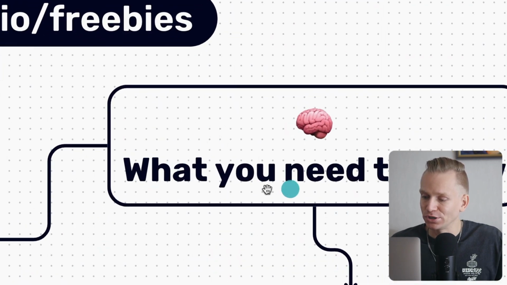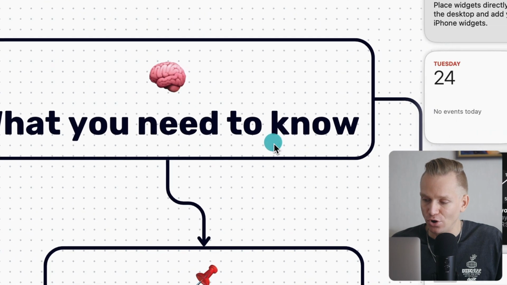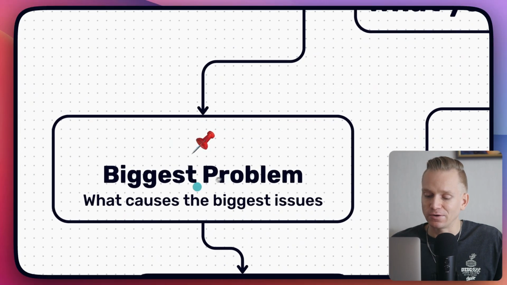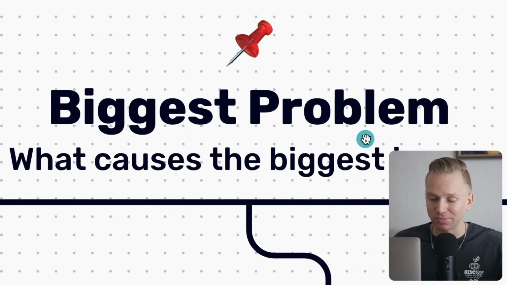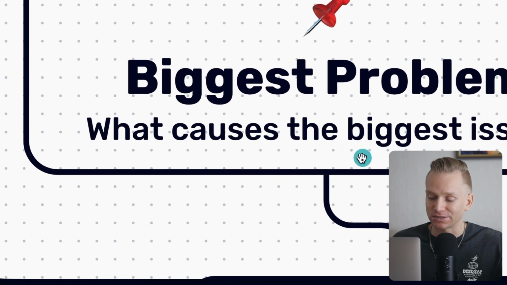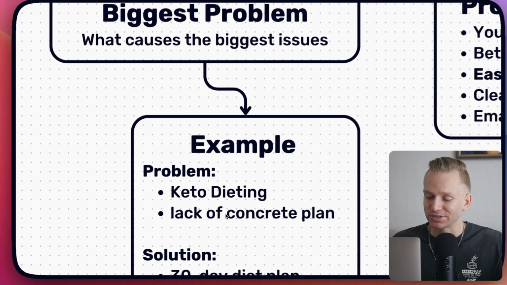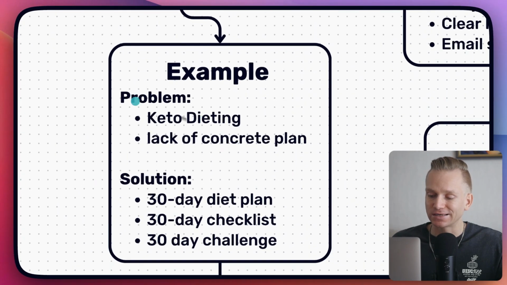So first of all, what you need to know. Basically, the very first thing we need to focus on is figuring out what is the biggest problem that your potential customer is facing. For example, let's say that you are in the niche of keto dieting. You want to create a product here.